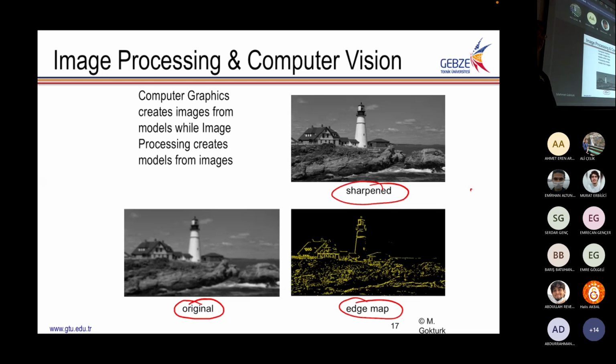Derivatives in two-dimensional space. When you use derivatives in two-dimensional space and compute new pixels based on that, it is called sharpening. Or if you take values where the derivative is bigger than a certain predefined value, then you get an edge map, for example.